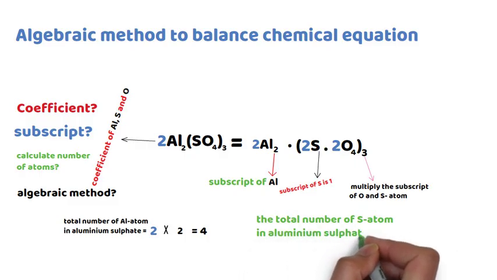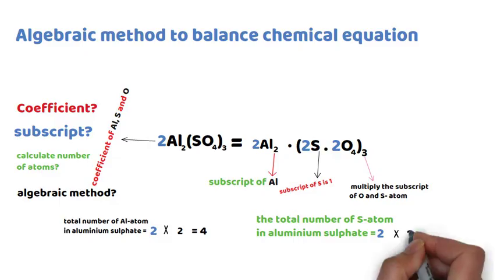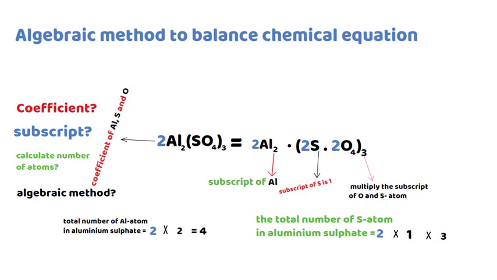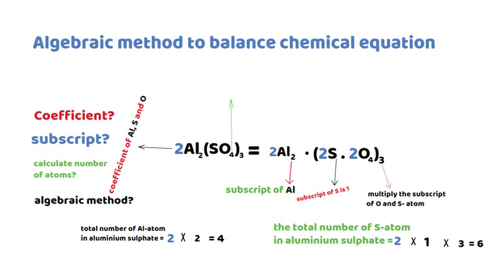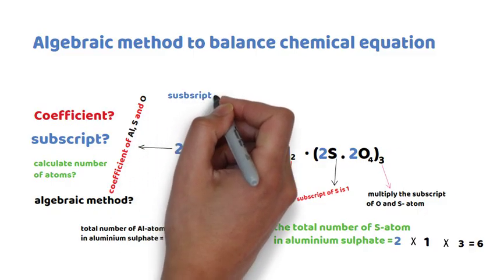Therefore, the total number of sulfur atoms in aluminum sulfate is equal to 2, which is the coefficient of sulfur in aluminum sulfate, times 1, which is the subscript of sulfur, times 3, which is the subscript of sulfate in aluminum sulfate. Therefore, 2 times 1 times 3, which equals 6, means that there are 6 sulfur atoms in aluminum sulfate.